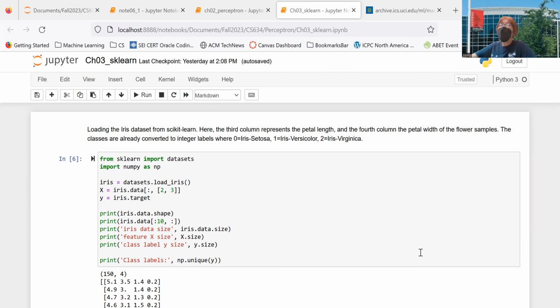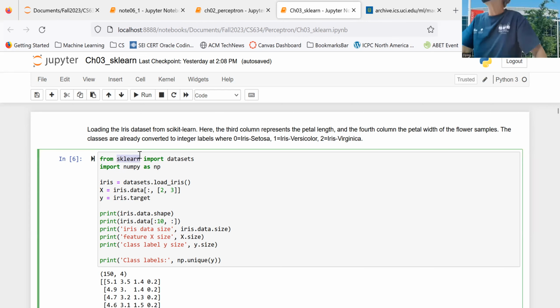Today we start with machine learning. For classical machine learning, Python has a very nice package called sklearn. We use this a lot.